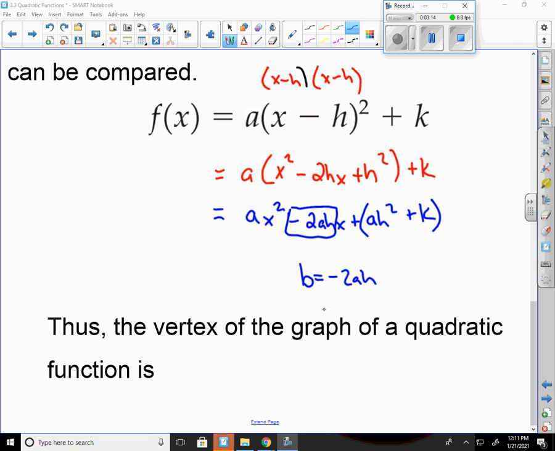So in order to solve for that, I would divide both sides by negative 2a. That means that on my right-hand side, all I have is my h. So h is equal to negative b over 2a. So that gives me the x value of my vertex.